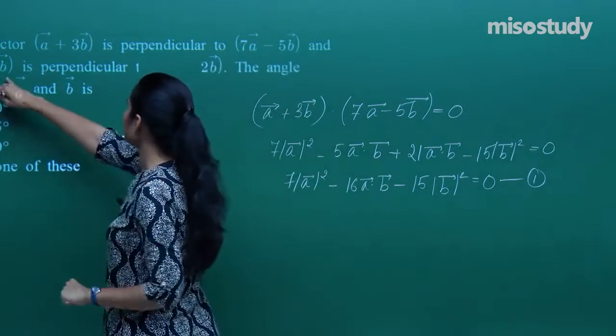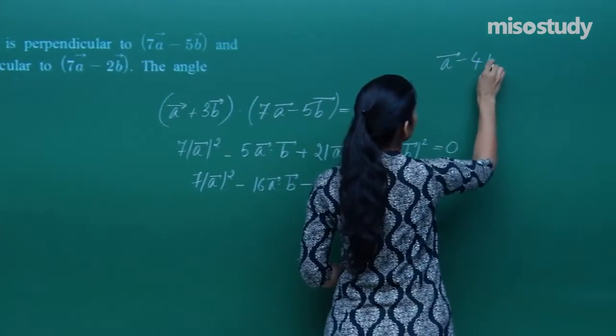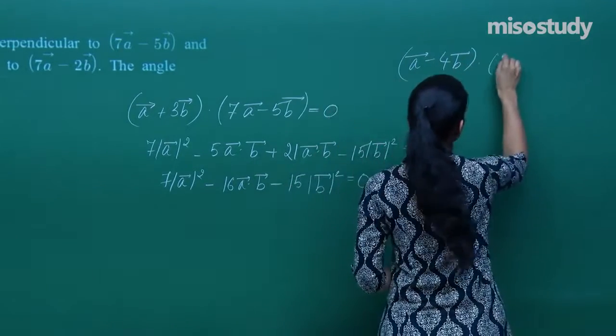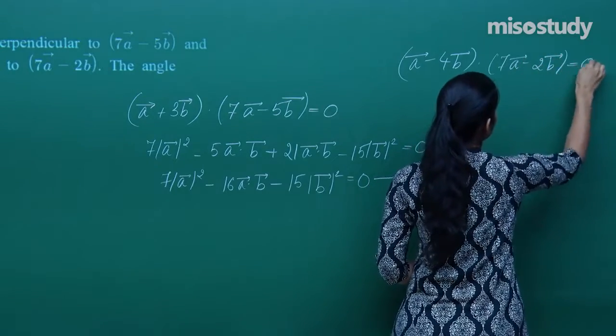It is also given that A minus 4B is perpendicular to 7A minus 2B. So their dot product is again 0.